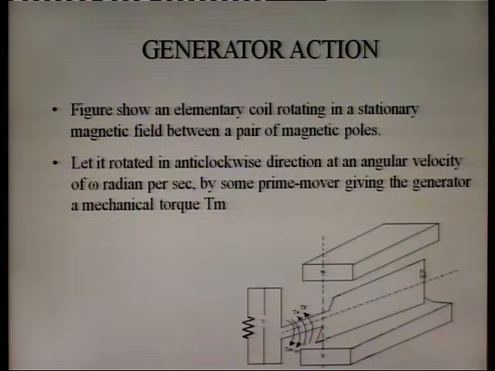After this, the second action will start, that is current carrying conductor placed in a magnetic field. When a current carrying conductor is placed in a magnetic field, a force will be experienced on the conductor. So another torque, that is TE, will be produced, which acts in the opposite direction to the input mechanical torque.